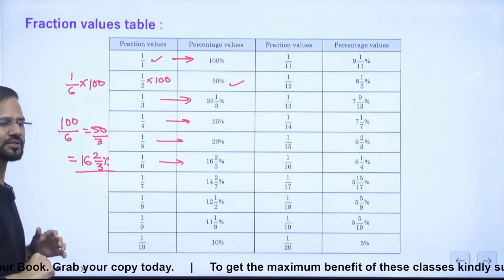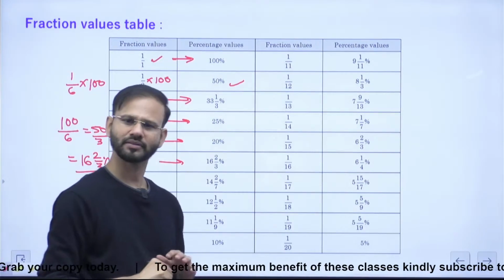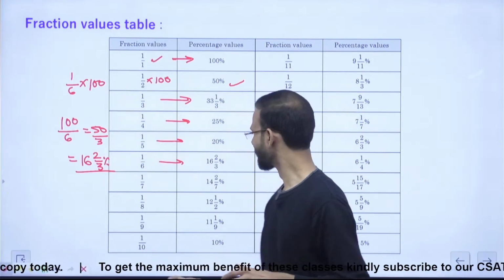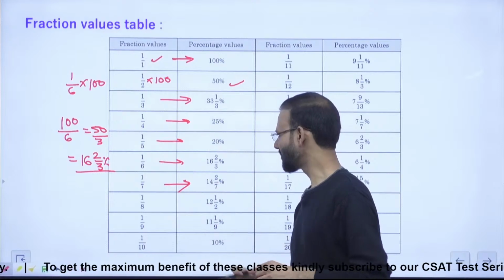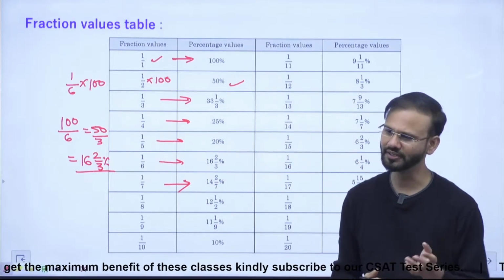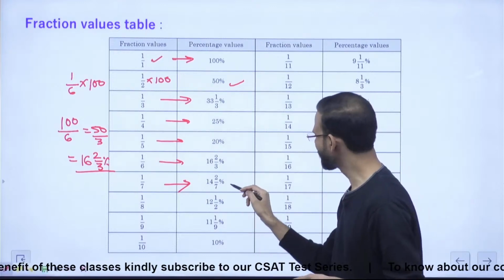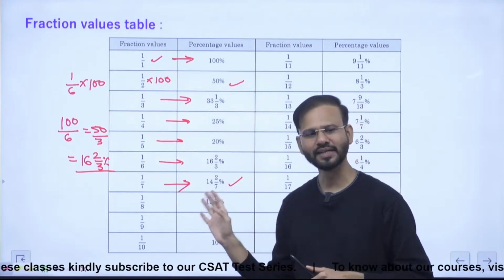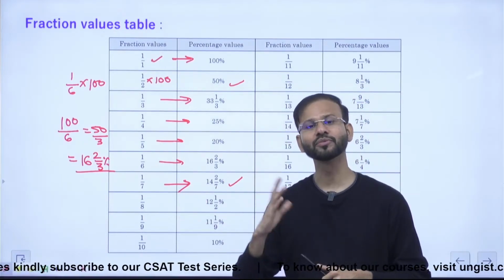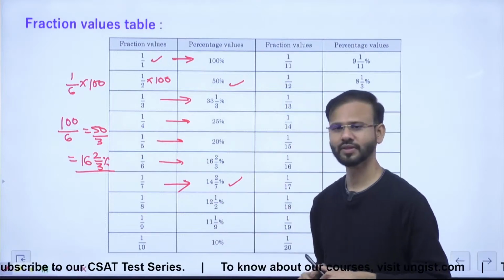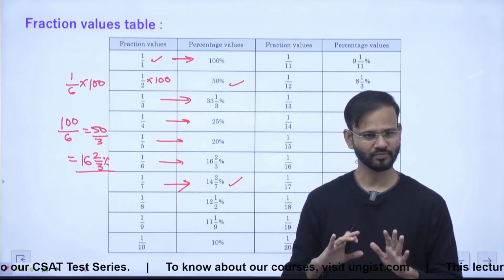Guys, getting it or not? Everyone, fine? And similarly, 1 by 7 is 100 by 7. So 14 into 7 is 98. Then 2 is remainder. So 14 2 by 7 percentage. Guys, getting it or not? 100 by 7 in the form of the mixed fraction is written like this. Everyone fine with this? Right?